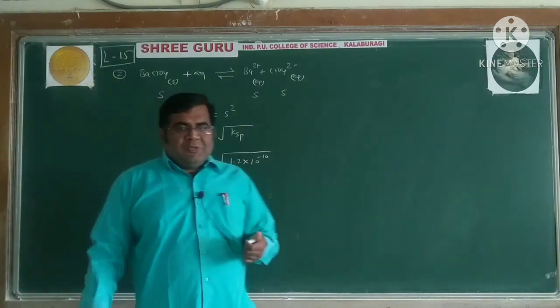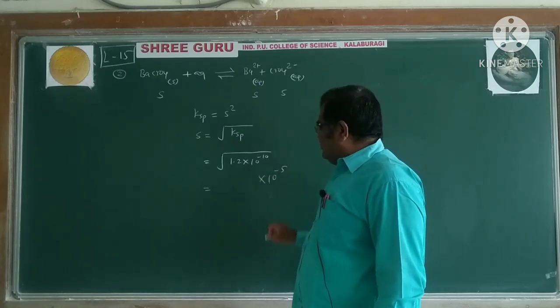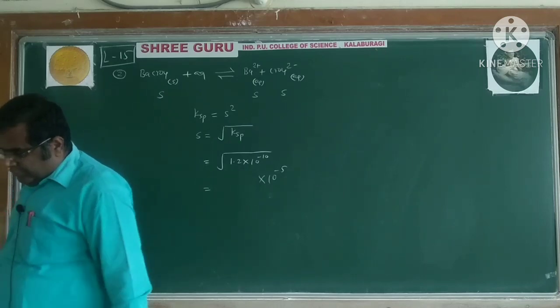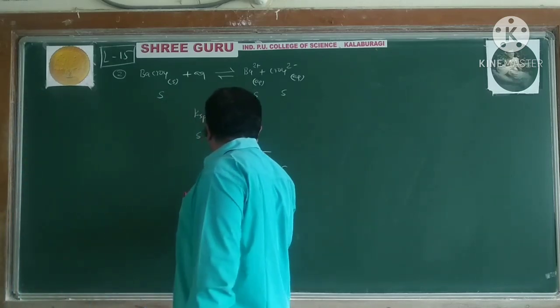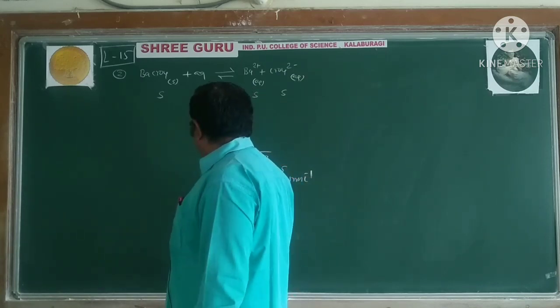Square root of 10 raised to minus 10 is 10 raised to minus 5, and square root of 1.2 is 1.1, and then you can write mole per liter.